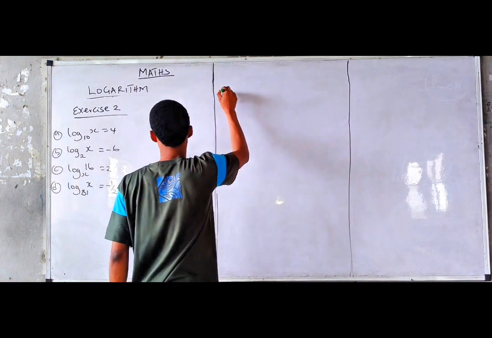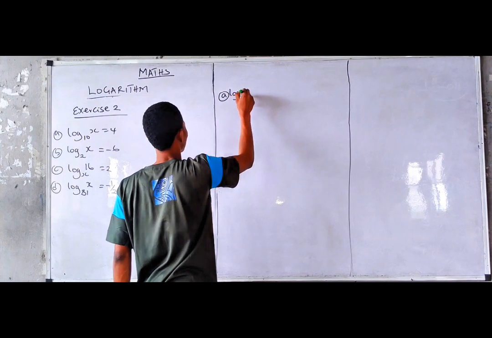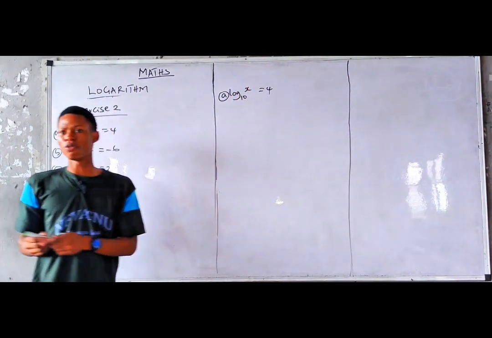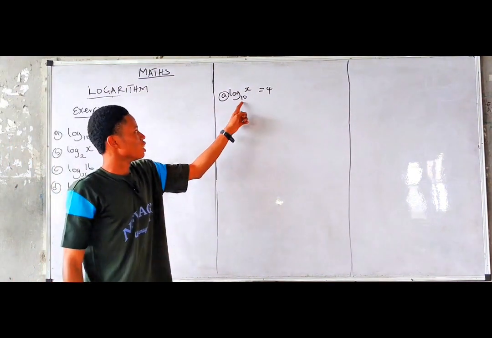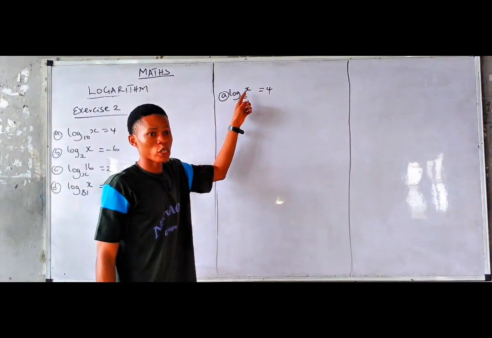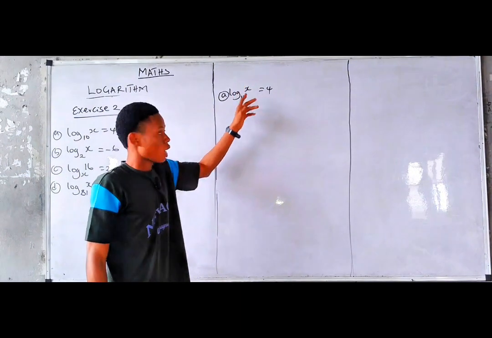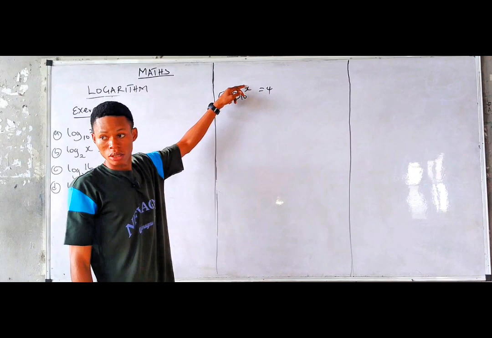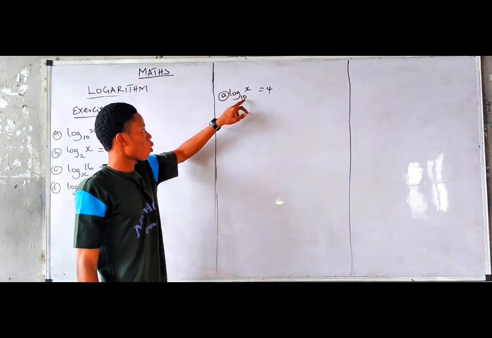The first one here says log x in base 10 equal to 4. Remember what we were doing before? 10 raised to power what will give us x, is it not? And so it means 10 raised to power 4 will give us x.